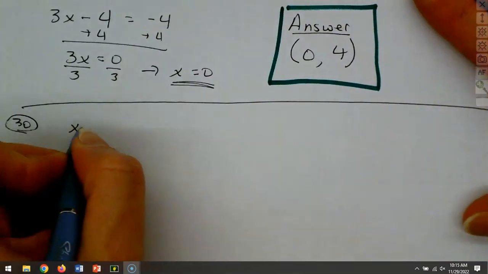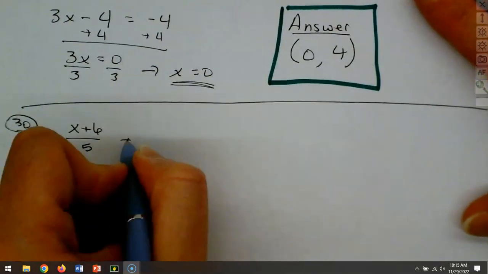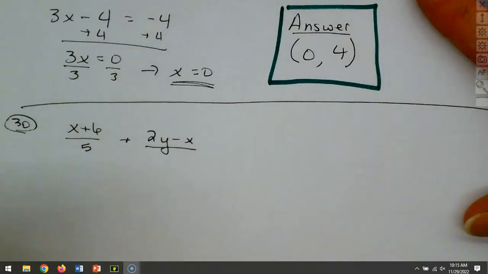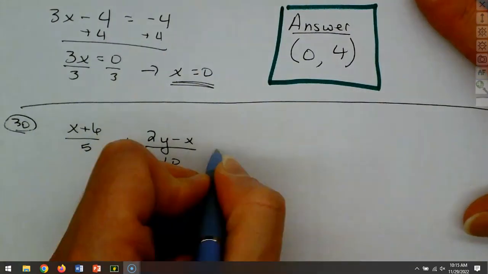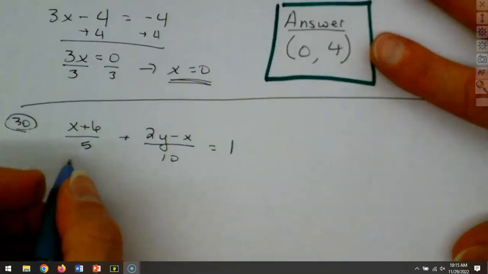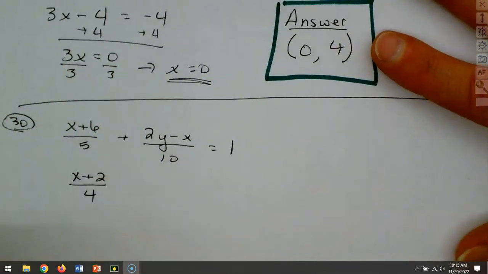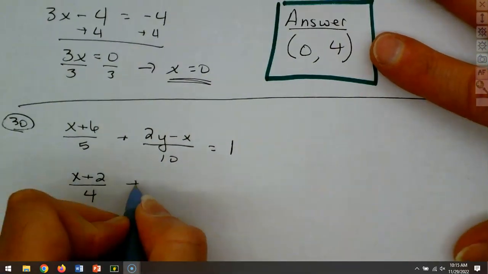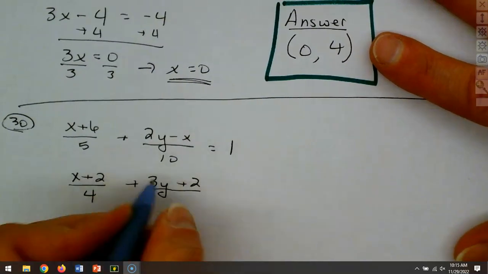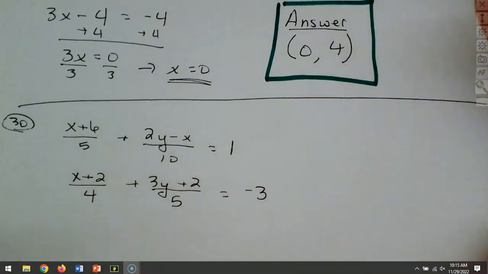Question 30 is (x plus 6) over 5 plus (2y minus x) over 10 equals 1. And then the second equation is (x plus 2) over 4 plus (3y plus 2) over 5 equals minus 3.